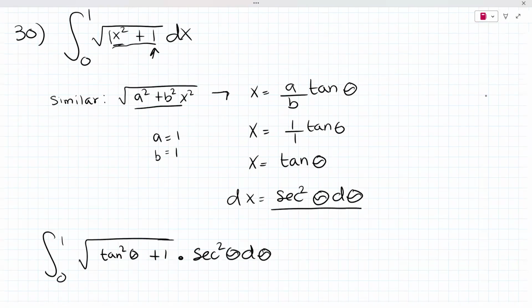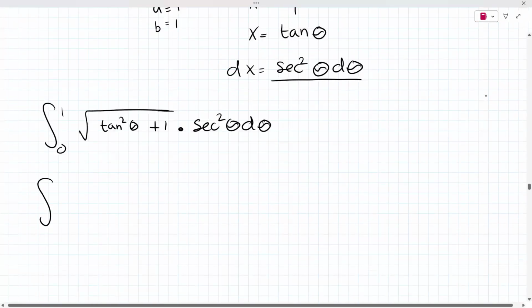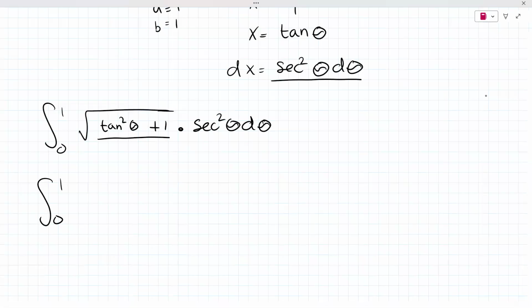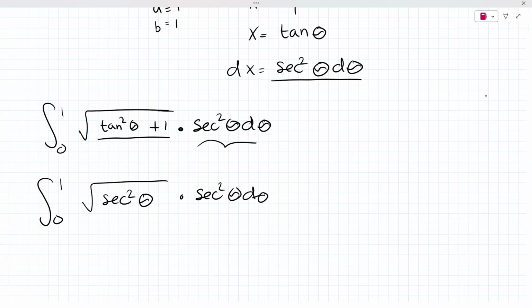Okay, and then we'll use some of our identities to make it easier. So tan squared theta plus 1, that is one of your Pythagorean identities, and that equals secant squared theta. And then this stays the same. What can we do?